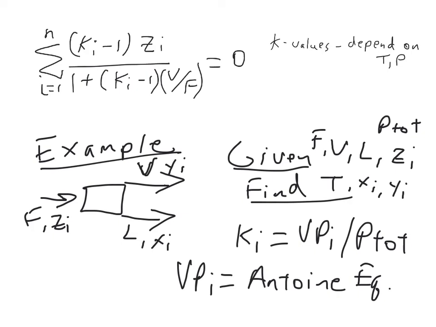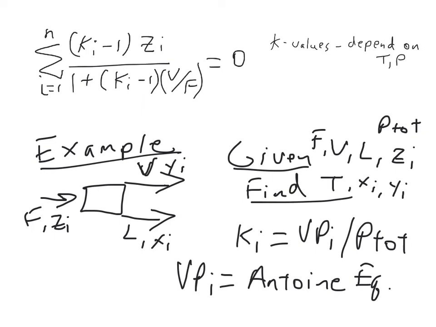The whole crux of all this, again, is making sure that the Rachford-Rice equation is satisfied, where everything on the left is equal to 0. I just keep going through this procedure until I find the right temperature such that the vapor pressure gives me K values, which plug into here and give me a Rachford-Rice expression where everything on the left equals 0.